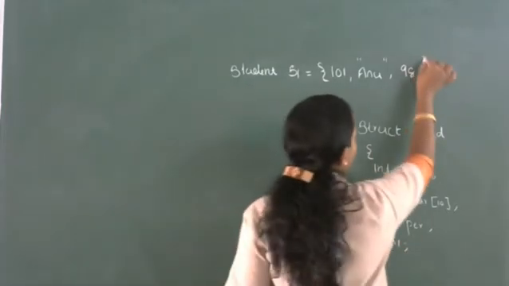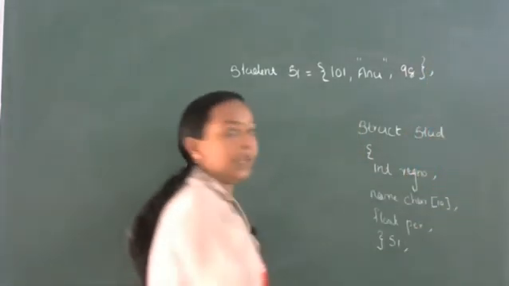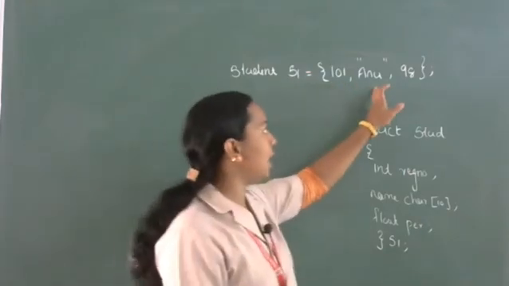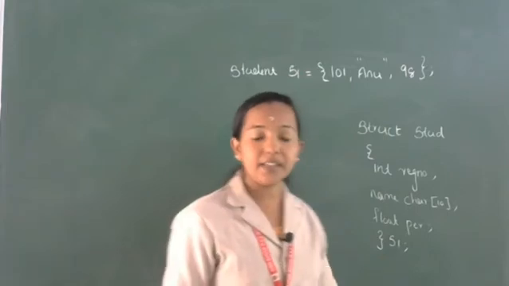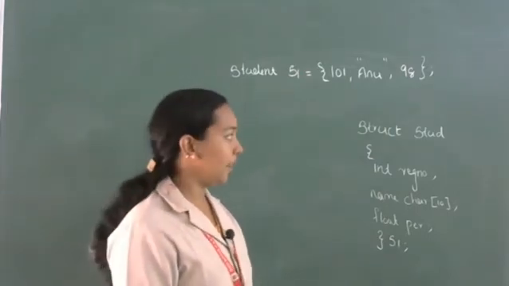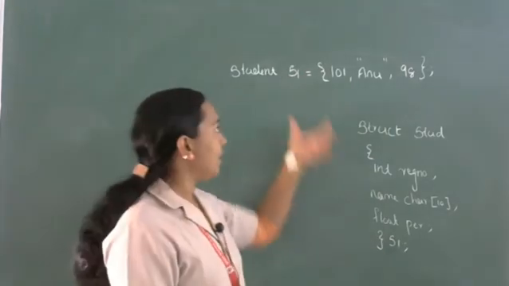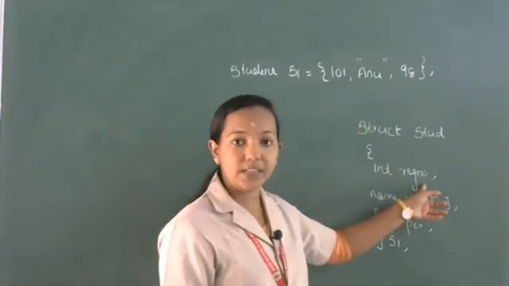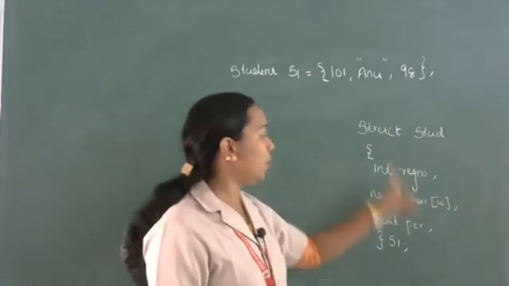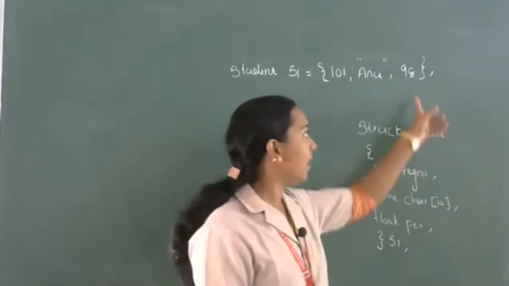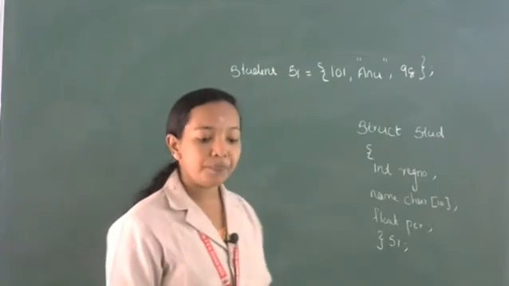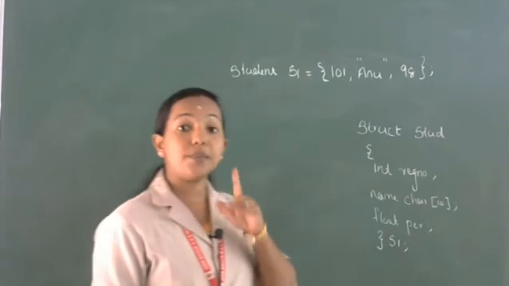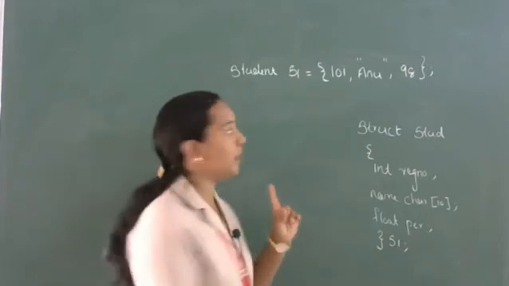Then close the bracket, semicolon. 101 is the register number, Anu is the name, 98 is the percentage. When the compiler executes the statement, 101 will be assigned to the variable register number, Anu will be assigned to the char variable, and 98 will be assigned to float percentage. So this is the first method for variable initialization.